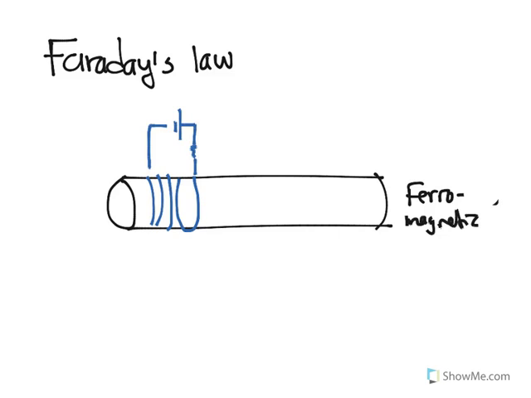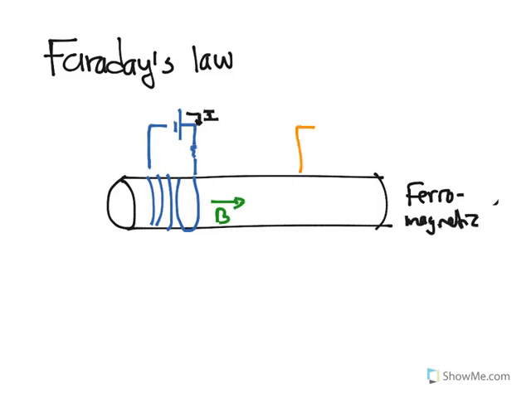That is here. And of course it will provide current, and the fact that it provides current will generate a magnetic field in this ferromagnetic bar. This we know from a previous situation.